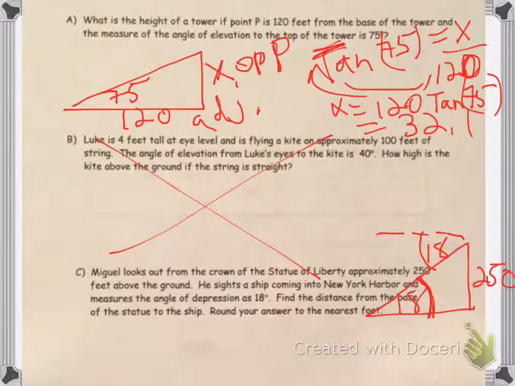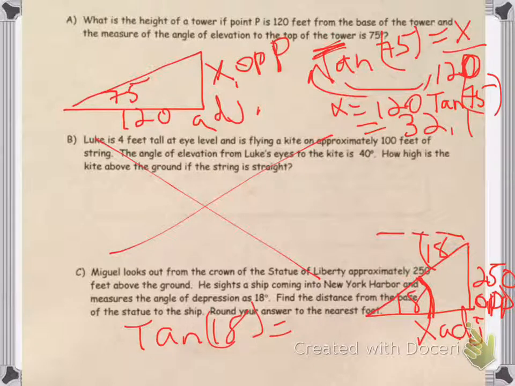It says find the distance from the base of the statue to the ship. Round your answer to the nearest foot. Right now I notice I got an opposite, and I got an adjacent. So I'm going to do tangent of 18 equals 250 over x. You see x on the bottom, so you switch.